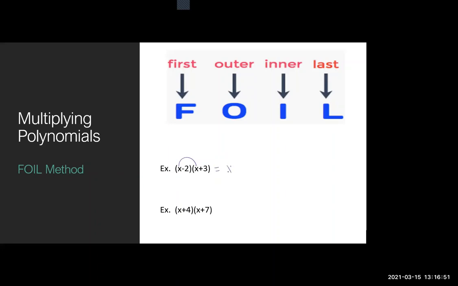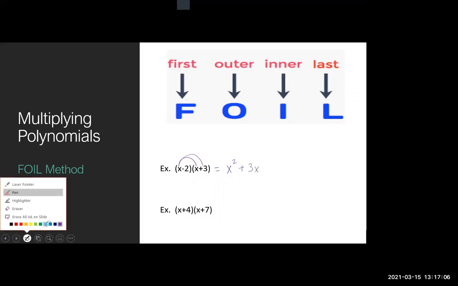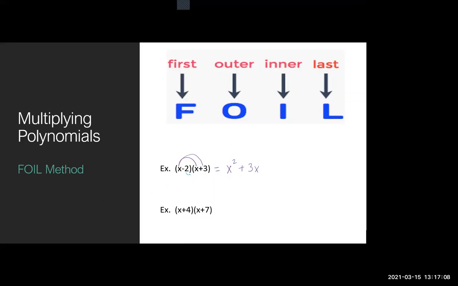So x times x would give me x to the second. Then we distribute x to 3. This would be the outside terms. So x times 3 gives me 3x. Next, let's do the inside. That would be -2 times x. And now I'm going to multiply -2 times 3.